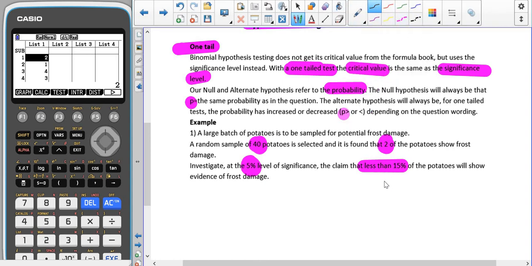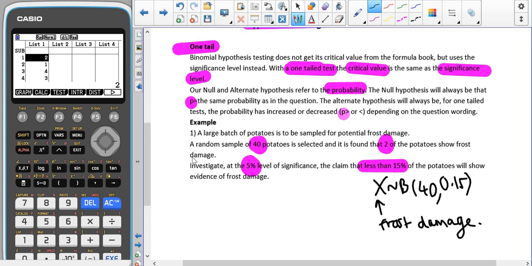So from the question, we know that the distribution that we are using is X squiggle B. We've got 40 potatoes that we're looking at, and the probability that we're looking at is 0.15, that we have frost damage. So then, our H0 is going to be that the probability is 0.15, and our H1 is going to be that the probability is less than 0.15.